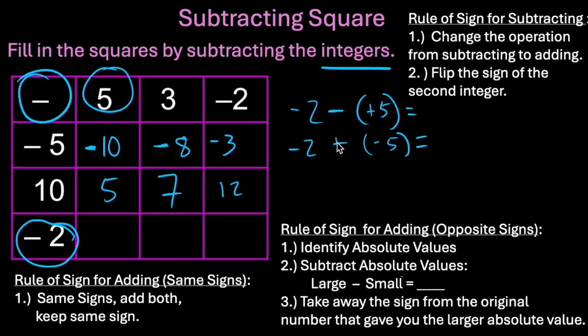So bring down the negative 2, change the minus to an adding symbol, that plus sign, and then flip the second integer. So positive 5 becomes negative 5. And now mentally, we know the absolute value of negative 2 is 2, and the absolute value of negative 5 is 5. And we know 5 will be bigger than 2. So we are going to, oh wait, my mistake.